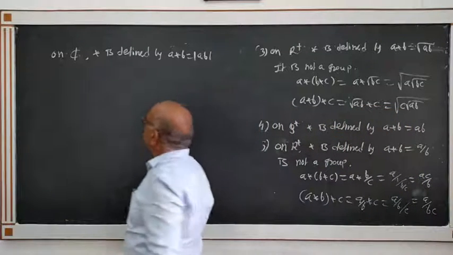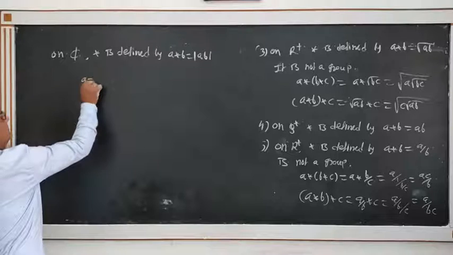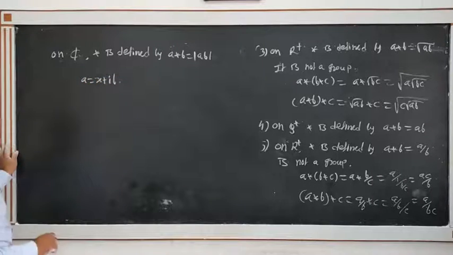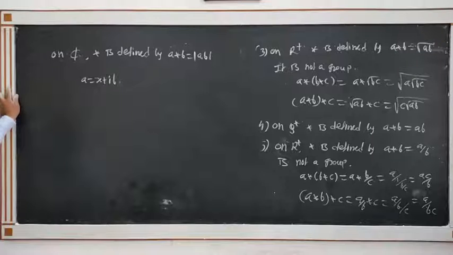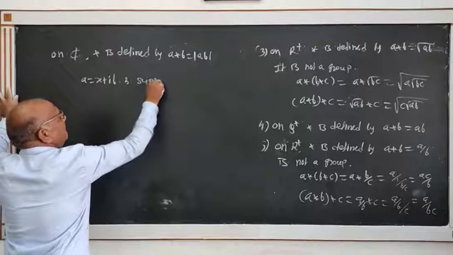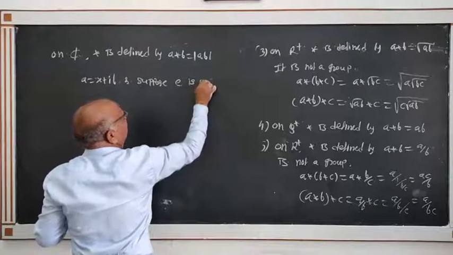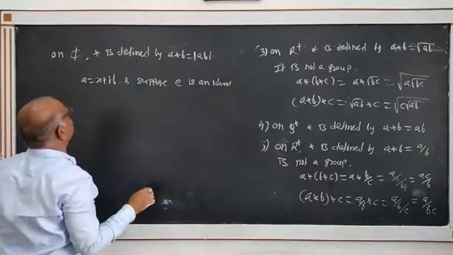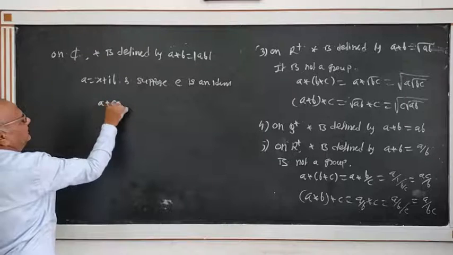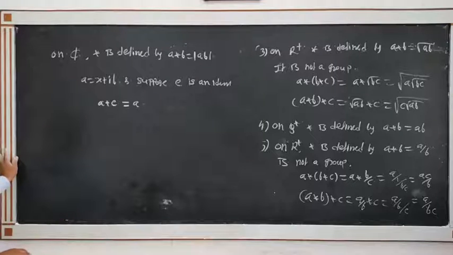But there is no identity element. Here, if a is equal to x plus iy, and suppose e is an identity, then here a * e we want is equal to a.